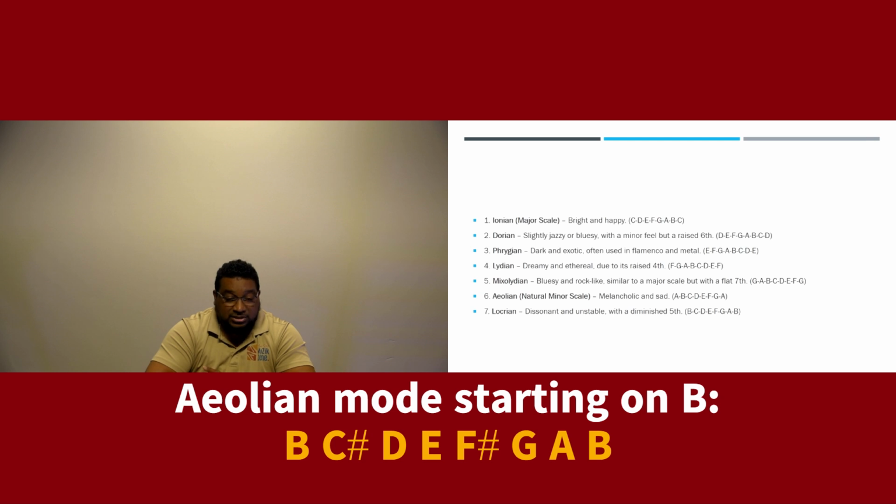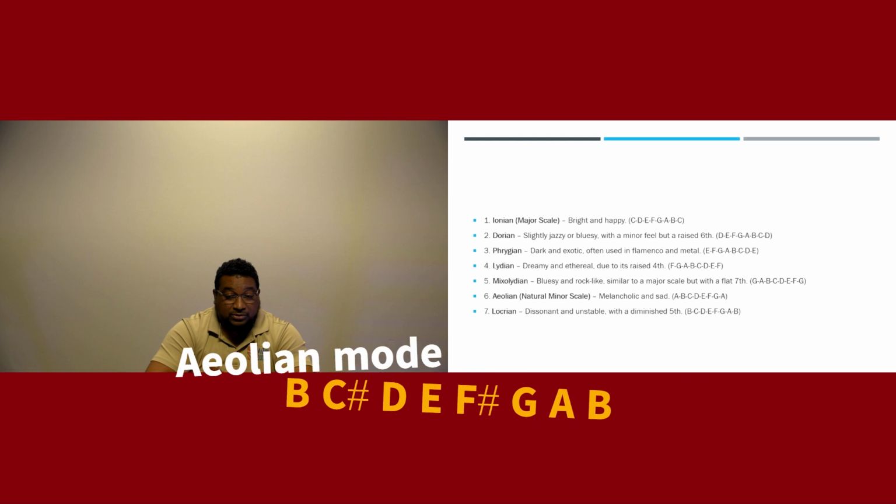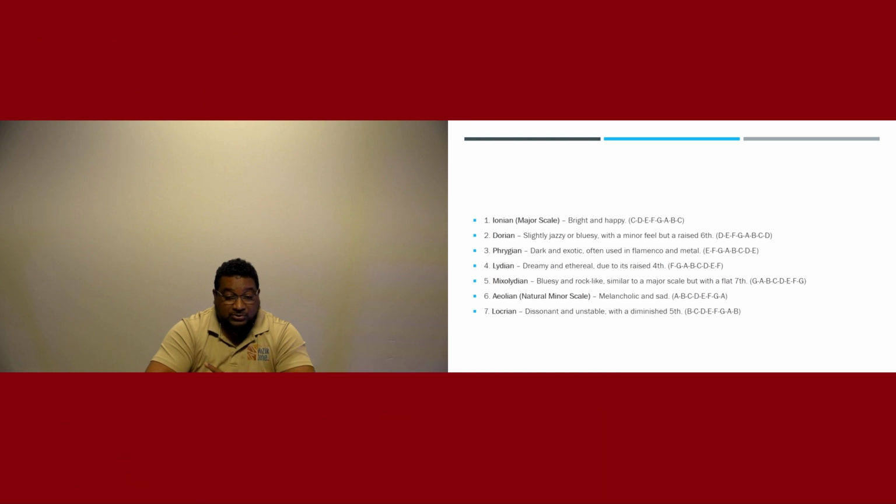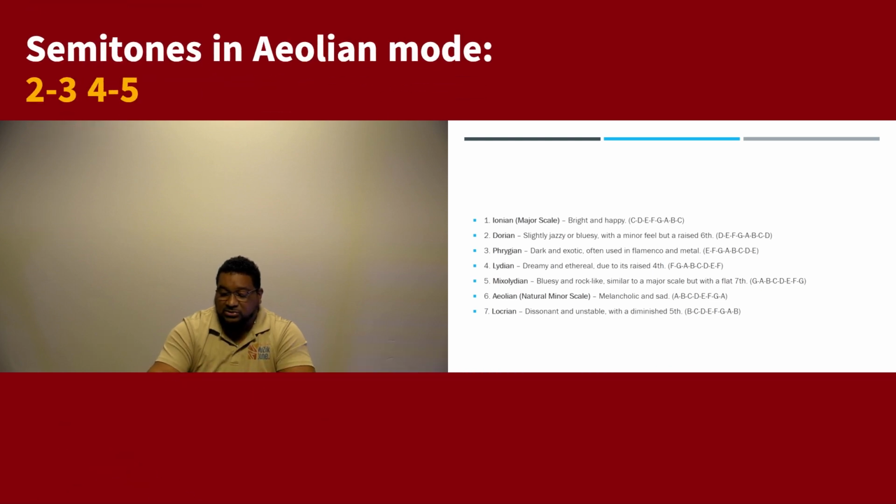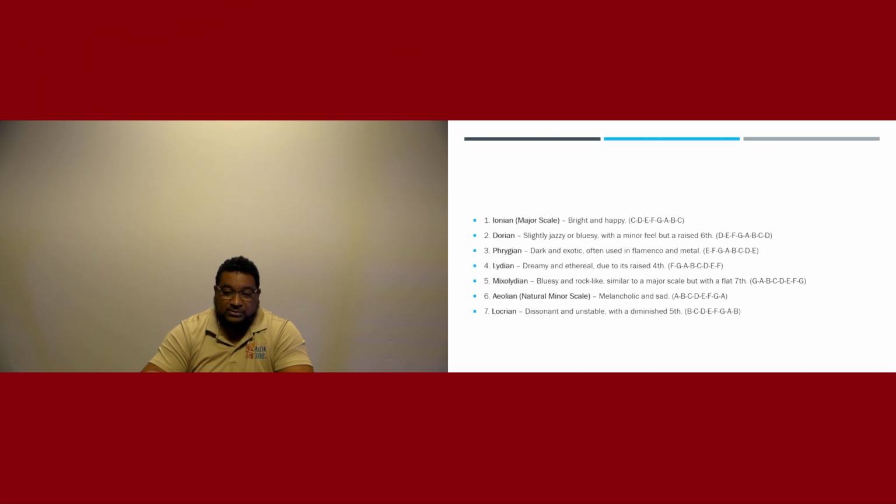Why do we have C sharp and F sharp? Because in the Aeolian mode, 1 to 2 is supposed to be a tone, so B to C would be a semitone. We need a tone. That would be a C sharp, and then we have 2 to 3 a semitone, so C sharp to D, and then we have 3 to 4.